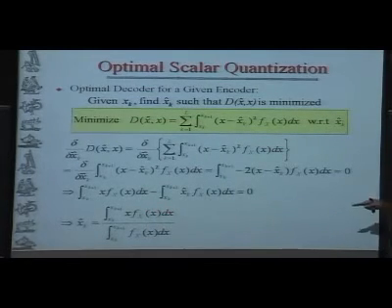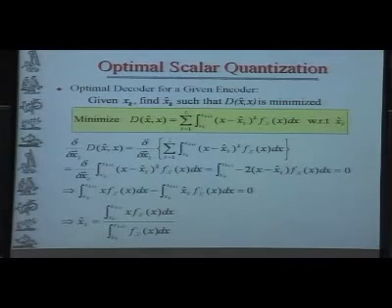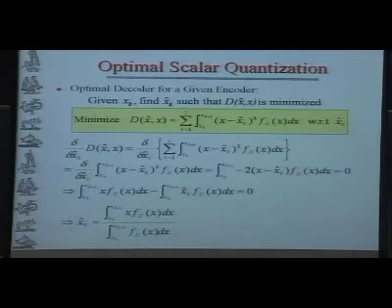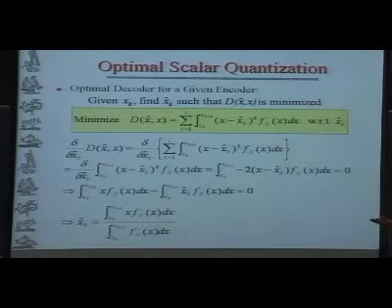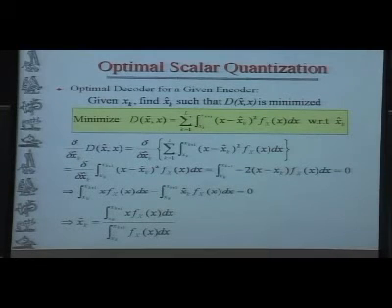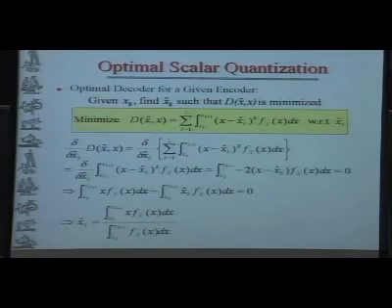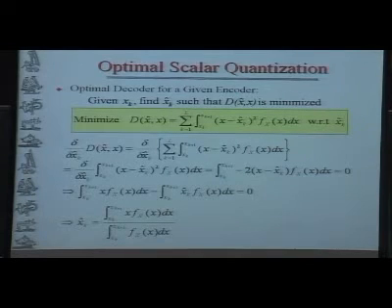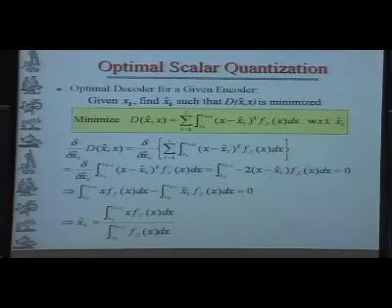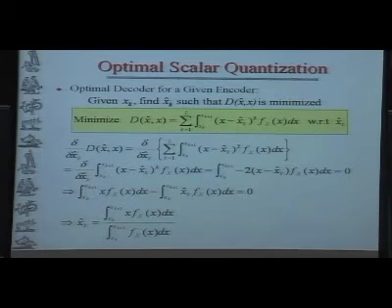So, if it's uniform, guess where the expectation comes in? In the midpoint. Okay? Fine. There's no problem. But if it's Gaussian, suppose I have a Gaussian like this, and this is the interval x_{k-1} and x_k. Okay? The midpoint is here. That's not optimal.